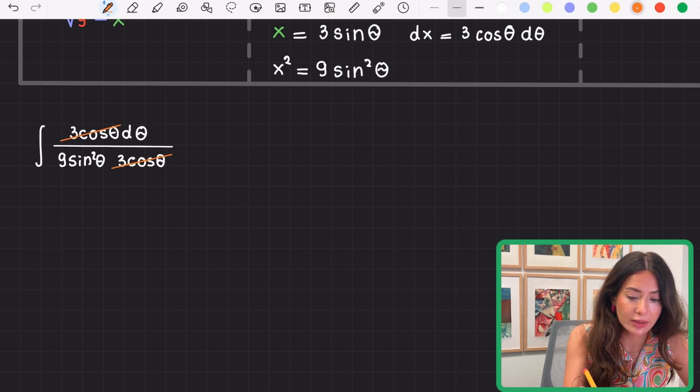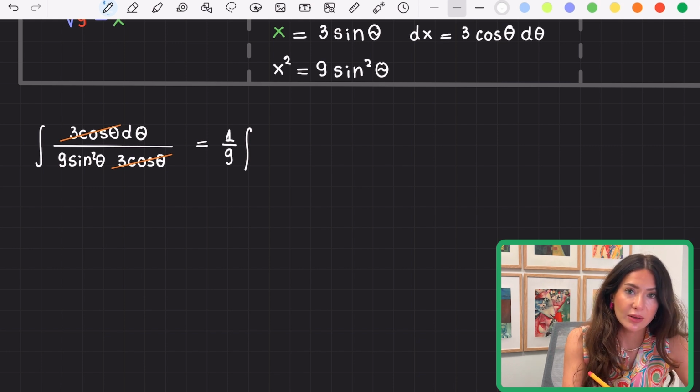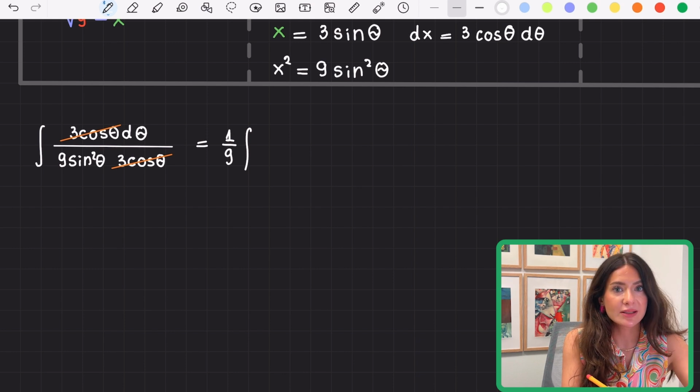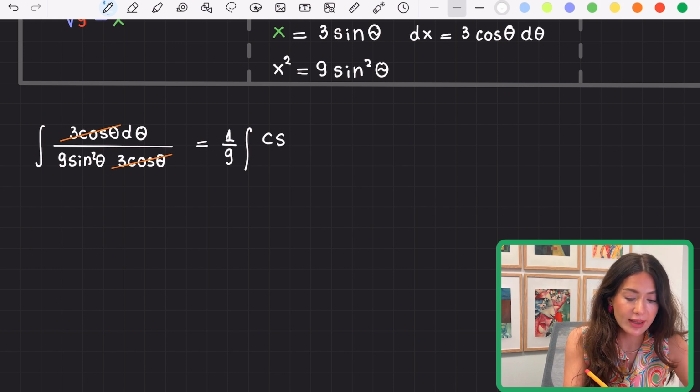Usually a whole lot is going to get canceled with these integrals. 1 over 9 is a constant, so let me bring that out. And I'm left with 1 over sine squared, and 1 over sine is cosecant theta. 1 over sine squared is cosecant square theta. And that is one of your basic rules of integration.